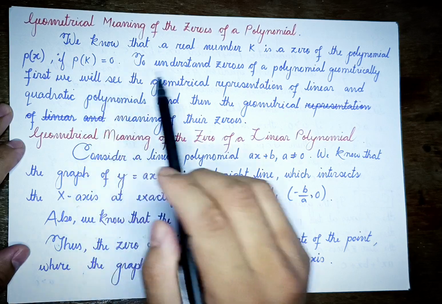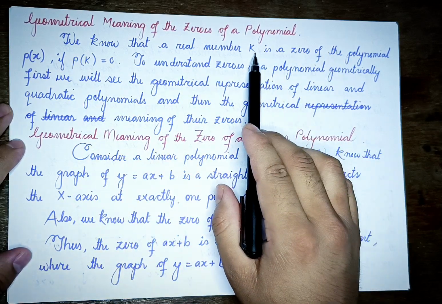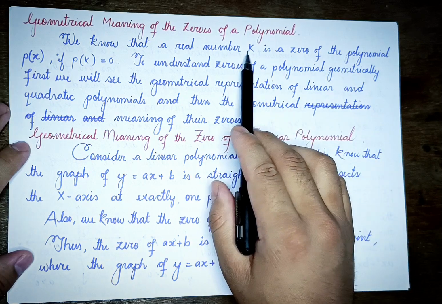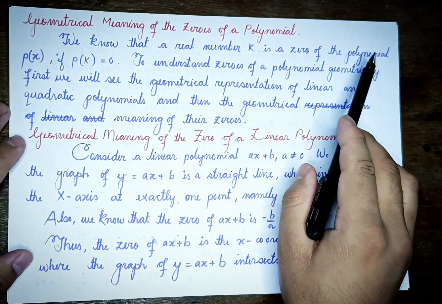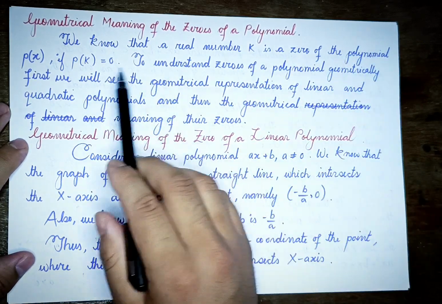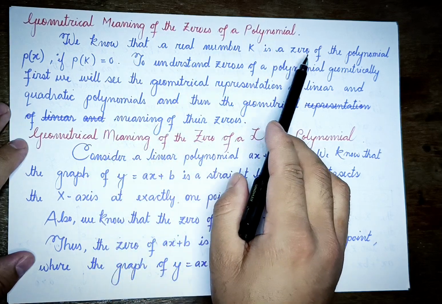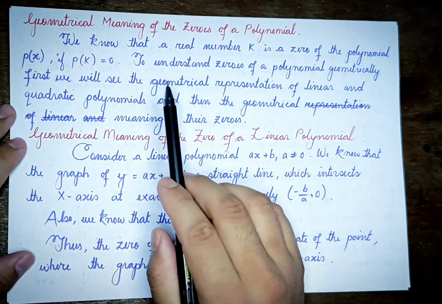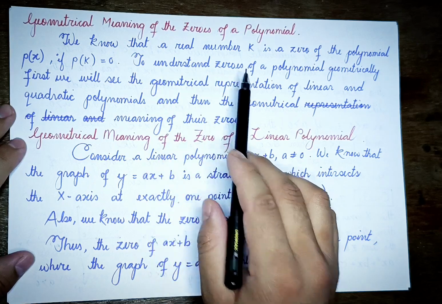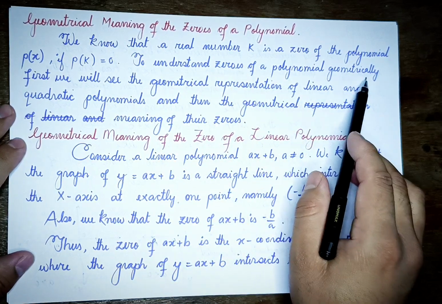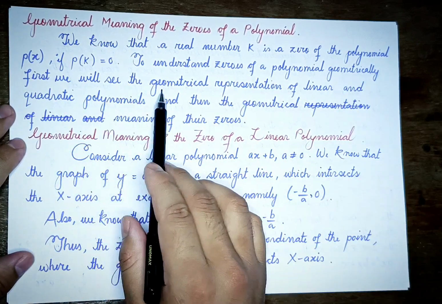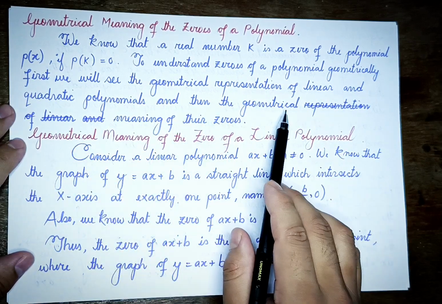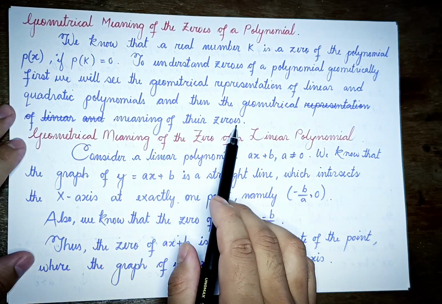If k is replaced for x in the polynomial and the value we get is 0, then k is known as the zero of the polynomial. To understand zeros of a polynomial geometrically, first we will see the geometrical representations of linear and quadratic polynomials and the geometrical meaning of their zeros.